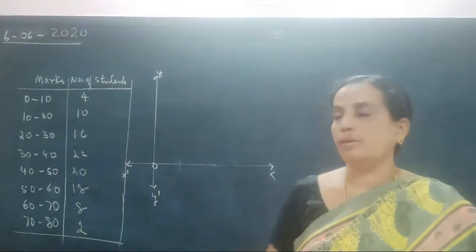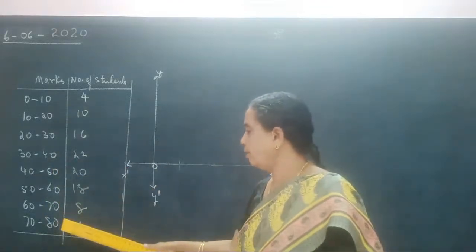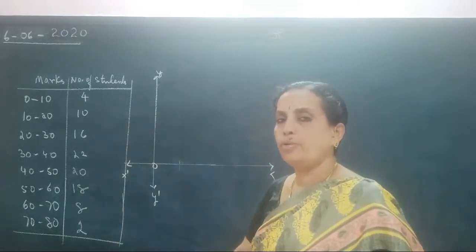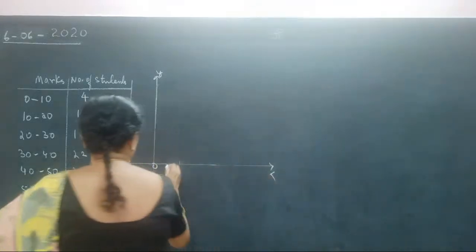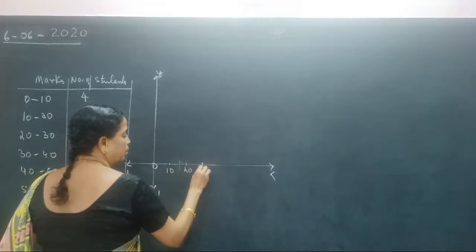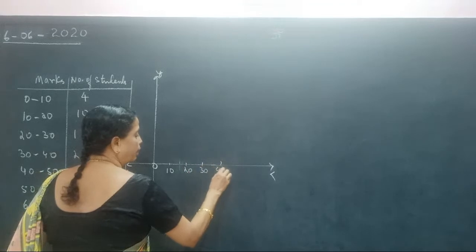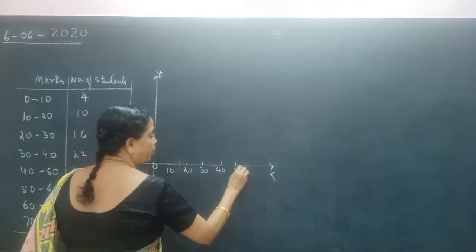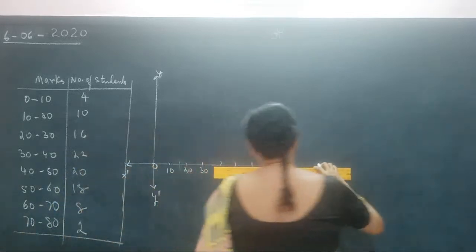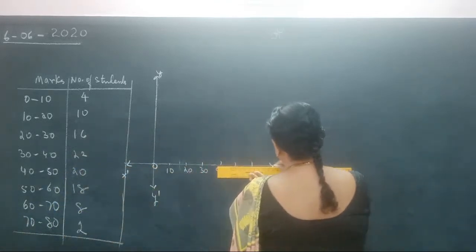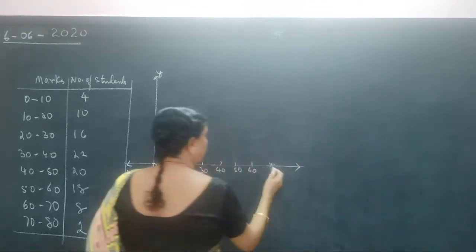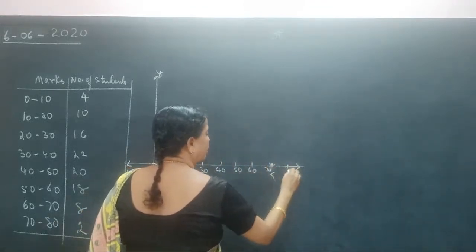Now the class interval starts from 0 and ends at 80. Along the x-axis, mark 1 unit equals 10 marks, at equal distances: 10, 20, 30, 40. This is not a new thing; yesterday only I had discussed it. Then 50, 60, further 70, 80.